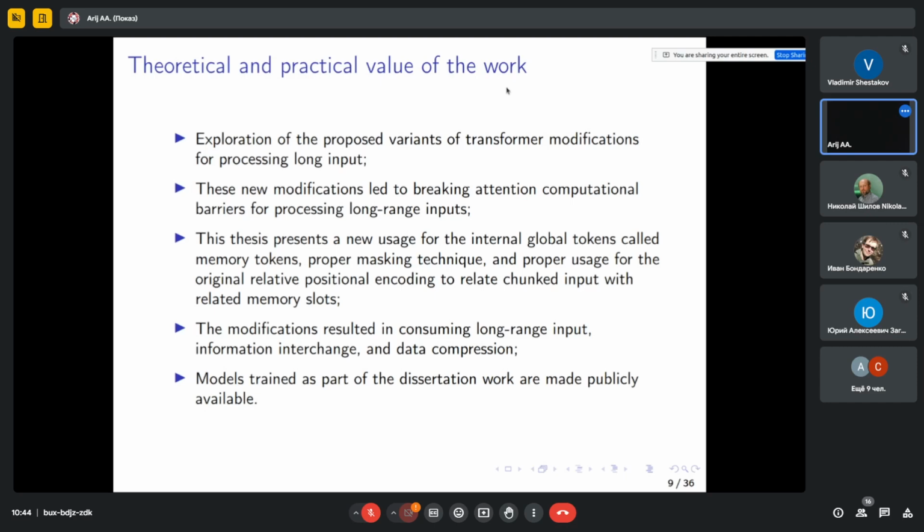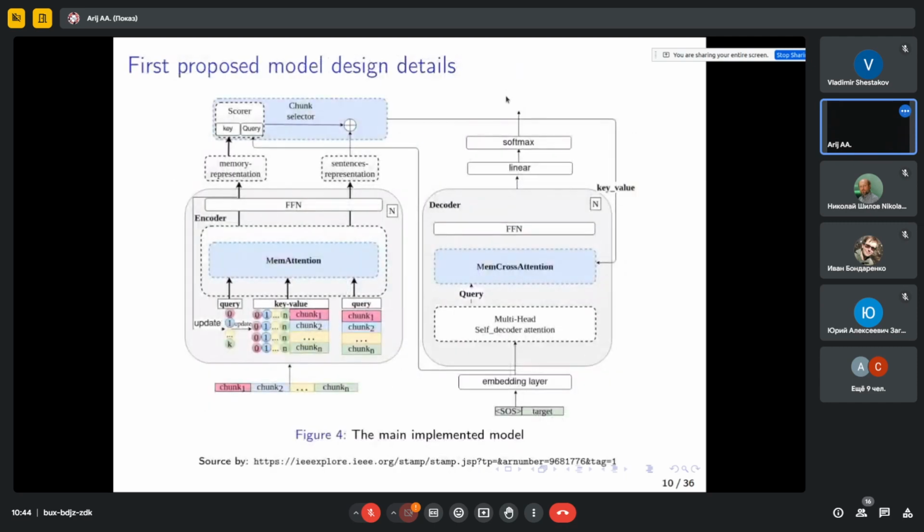The modifications finally resulted in consuming longer range input. We will see that in the summarization task, and the models trained as a part of the dissertation were made publicly available.